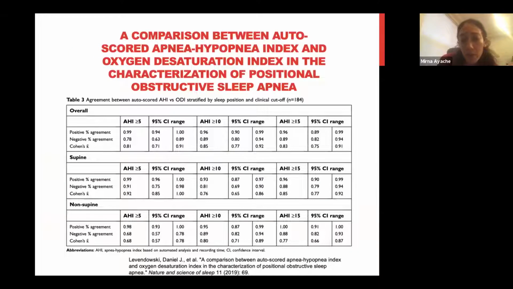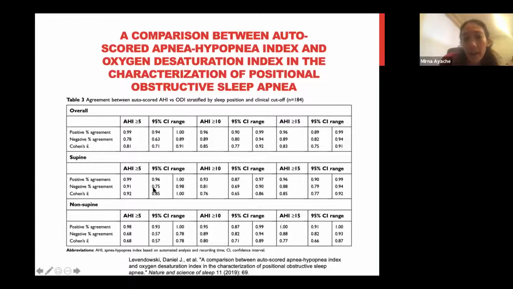One of the newer studies that I saw was in 2019, and it pretty much showed the same. One difference is that it used automated scoring. So they compared automated scoring of apnea-hypopnea index and oxygen desaturation index, and they also looked at positional obstructive sleep apnea.